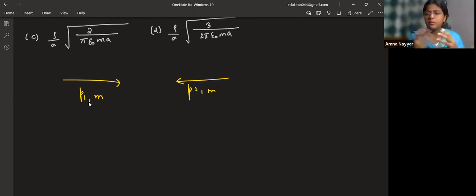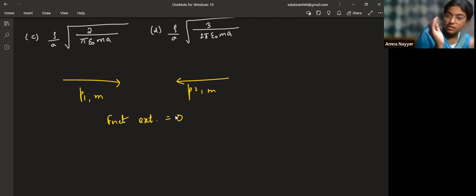I hope system and surroundings you understand. This is a case of an isolated system, when the net external force on the system is 0. So here net external force is 0. In your system containing two dipoles, external force is 0.